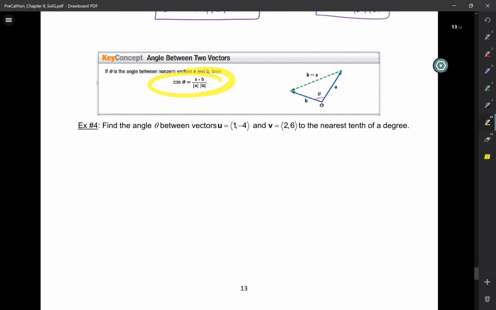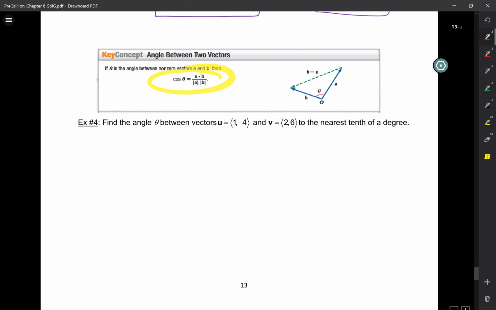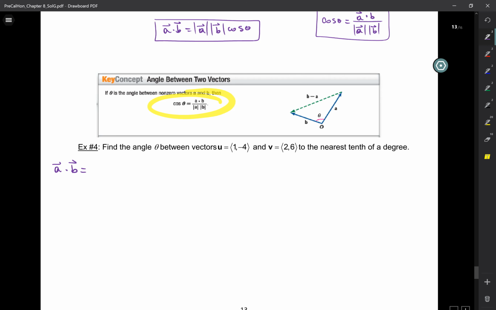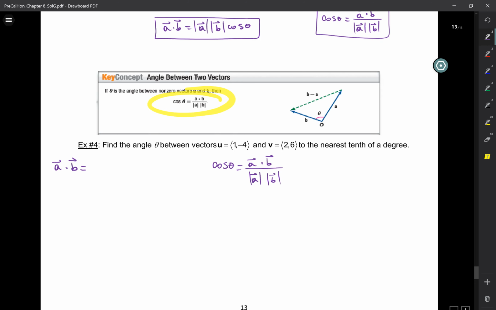Let's do this example and you'll see. So here we need to find the angle theta. What do we need for this? I need A dot B. The formula is cosine of theta is A dot B over magnitude of A, magnitude of B. In this case, they're all using U and V, so let me rewrite it.